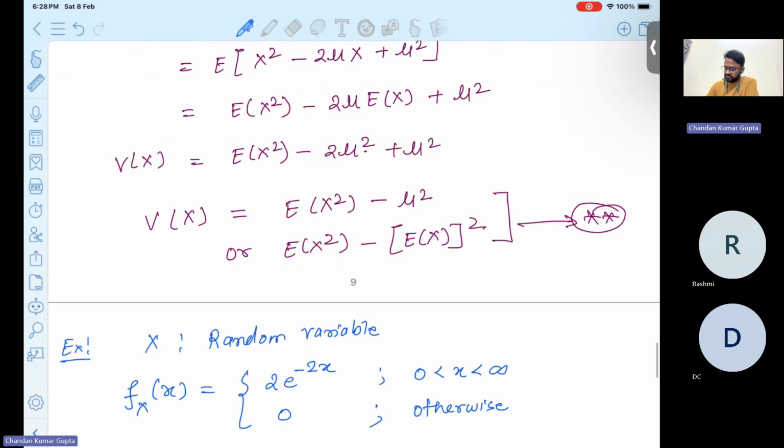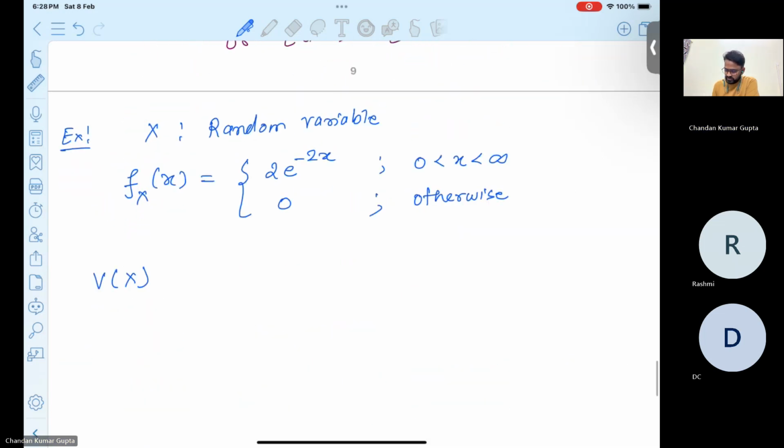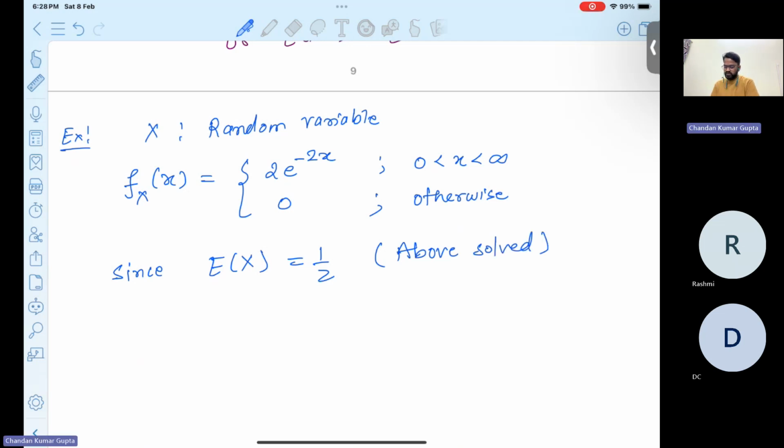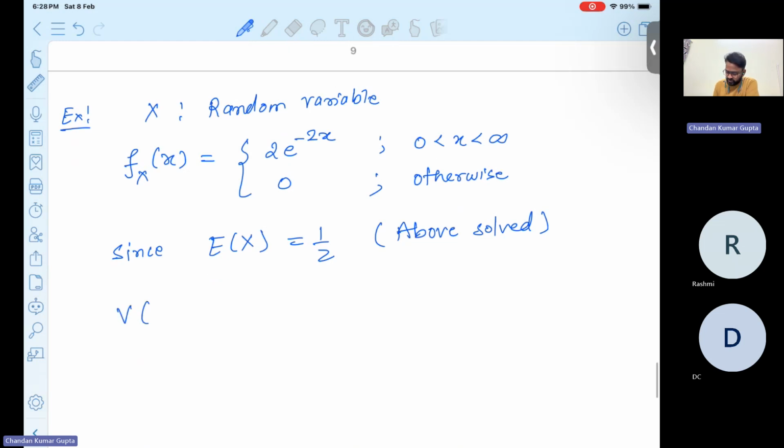So with the help of this, since expectation of x is equal to 1/2, which we have already solved above, now variance of x equals expectation of x minus mu whole square.